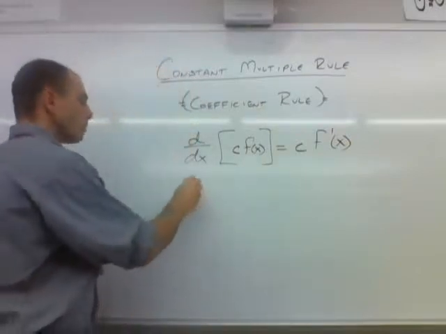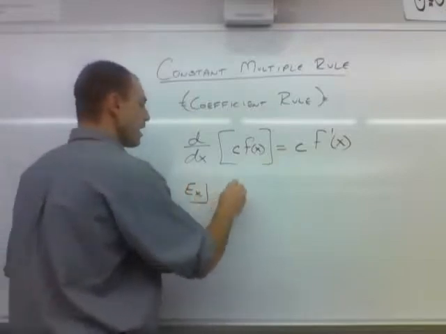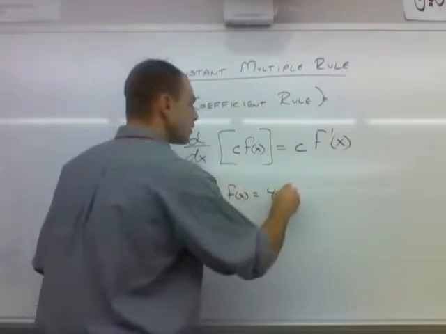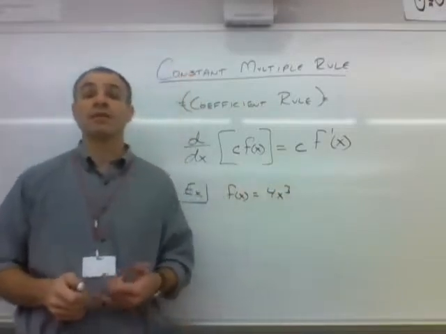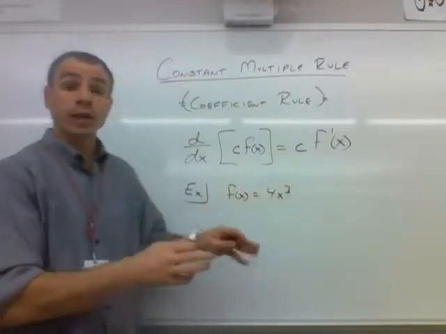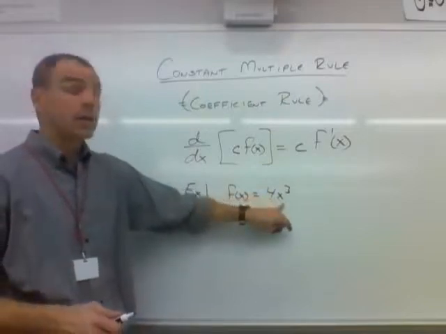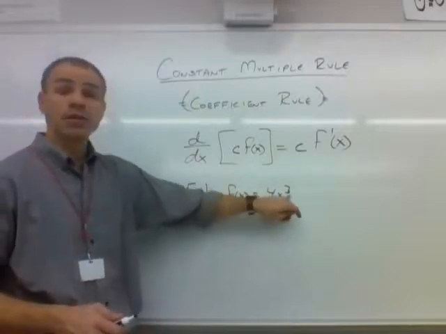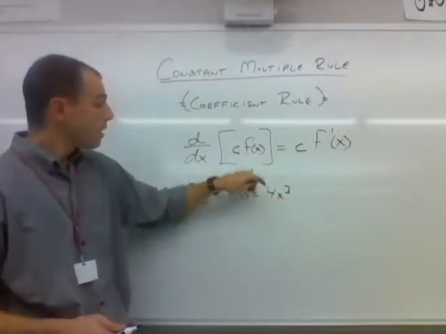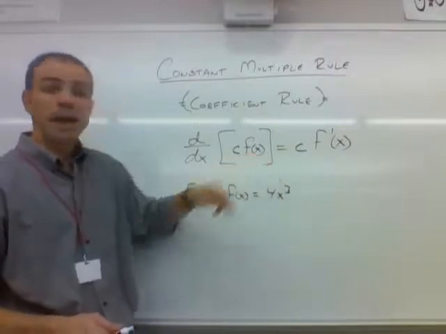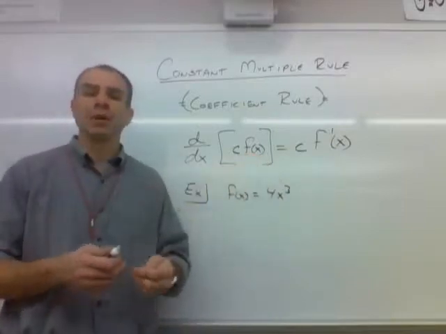For example, let's say that f of x is equal to 4x cubed. We're looking to find the derivative of 4x cubed. If we break down the 4x cubed, 4 is the coefficient, x is the base, and 3 is the exponent. So the 4 matches with the coefficient, the c right here, and the x cubed matches with the rest of the term, the f of x.